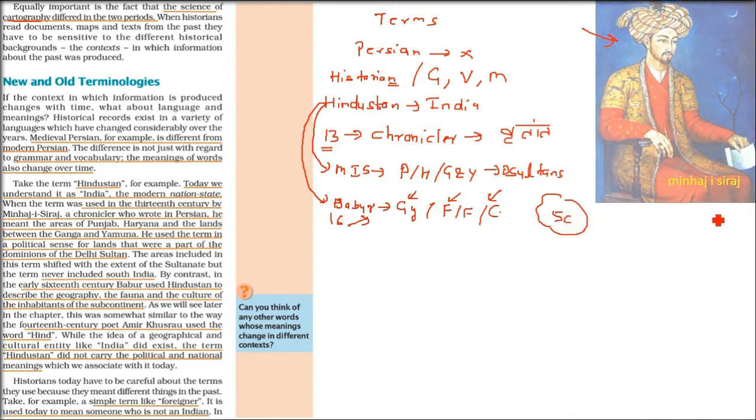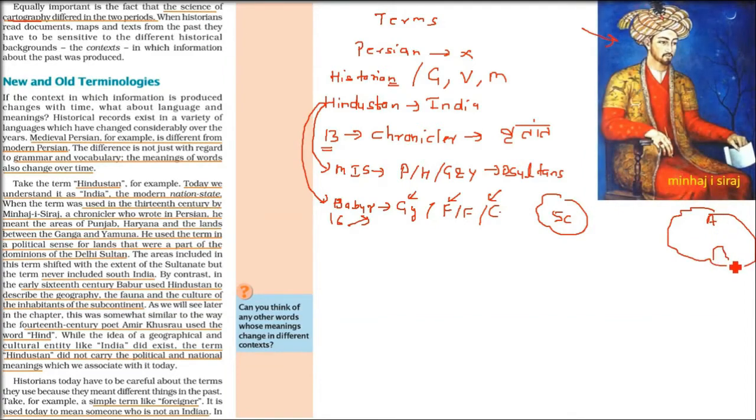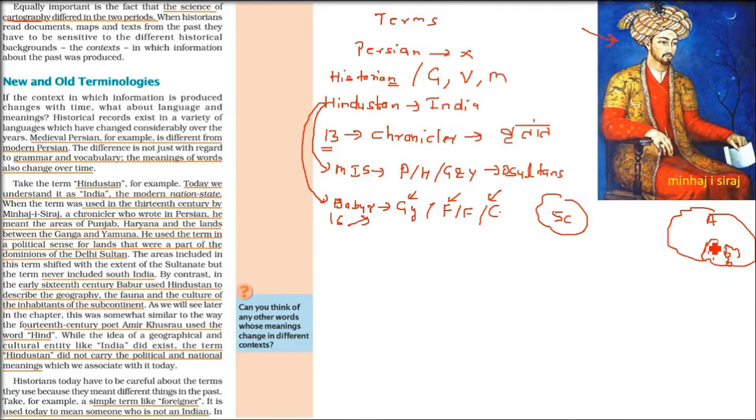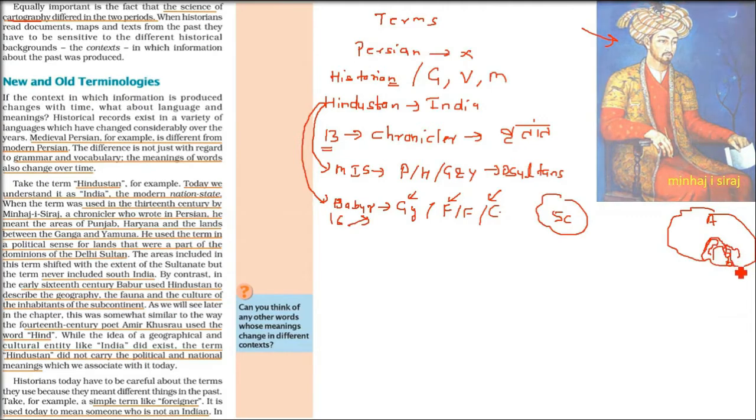Please remember, subcontinent. If you take complete Asia, this is the main continent. But India, along with the neighboring countries like Pakistan, Afghanistan, Nepal, Bhutan, Sri Lanka, all these areas, because of various natural divisions, are clearly different from the rest of Asia, right?